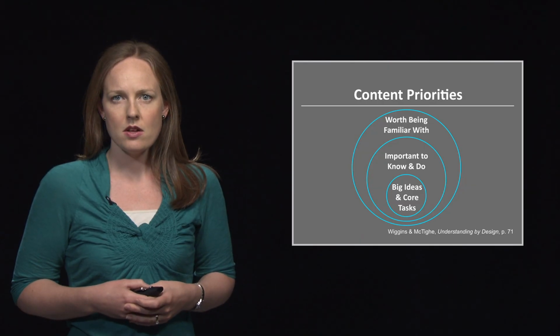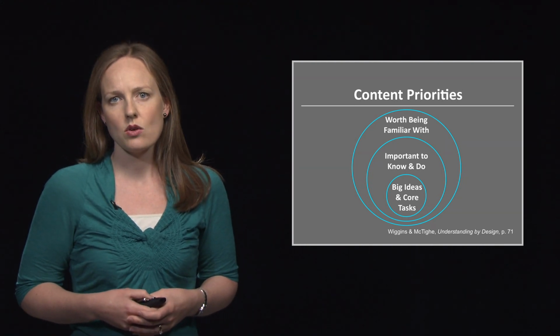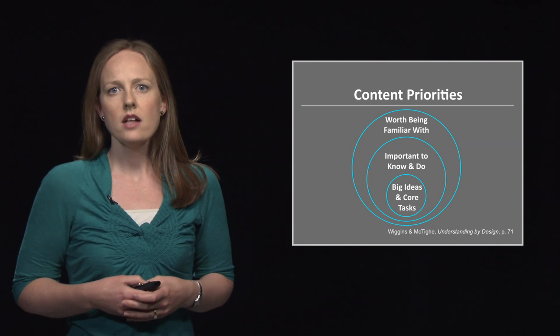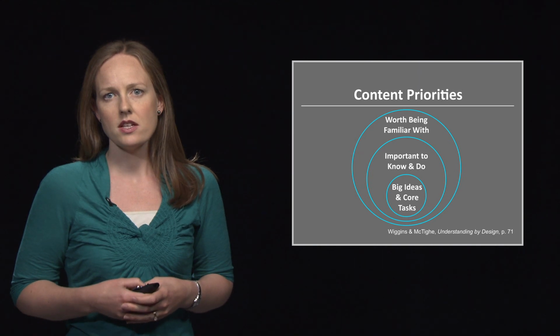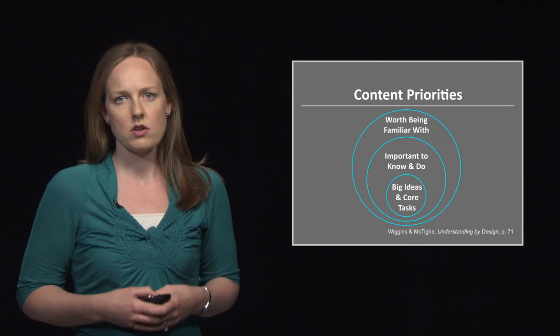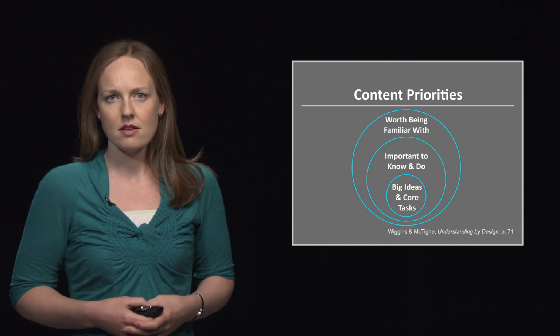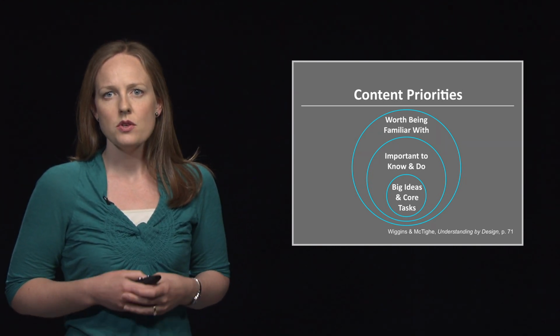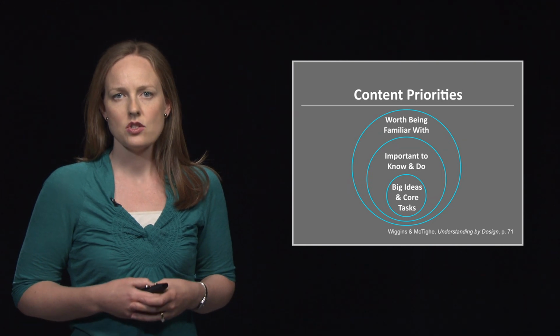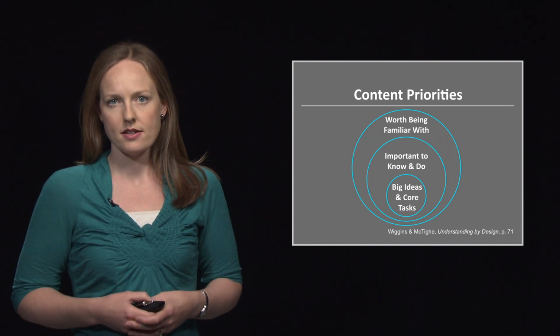For example, this may be the names of historical figures, important dates, or formulas. All of the other content that doesn't fall into one of these three circles probably shouldn't be included in your course. Once the content is prioritized for your course, as the instructor, you can adjust the assessments and instructional activities appropriately to align with your prioritized content.